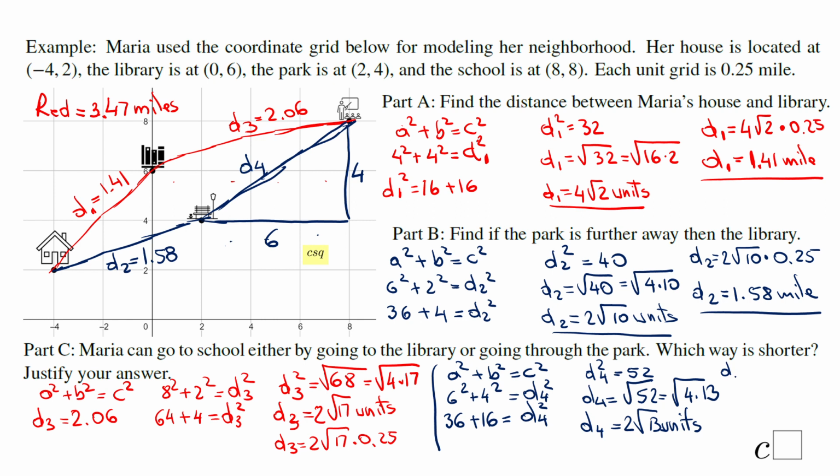Well, now let's find it in miles. And that will be 2 square root of 13 times 0.25. And I end up with 1.8 miles.